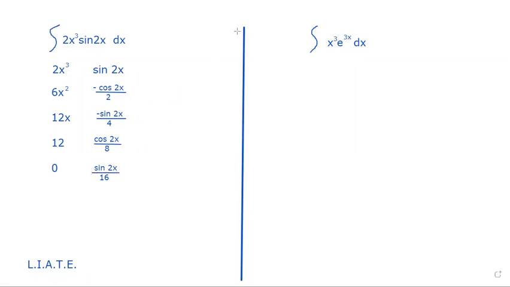Now, this is what else we have to look at. We want to alternate our signs all the way down. That should be plus, that should be minus, plus, minus, and plus, all the way down.